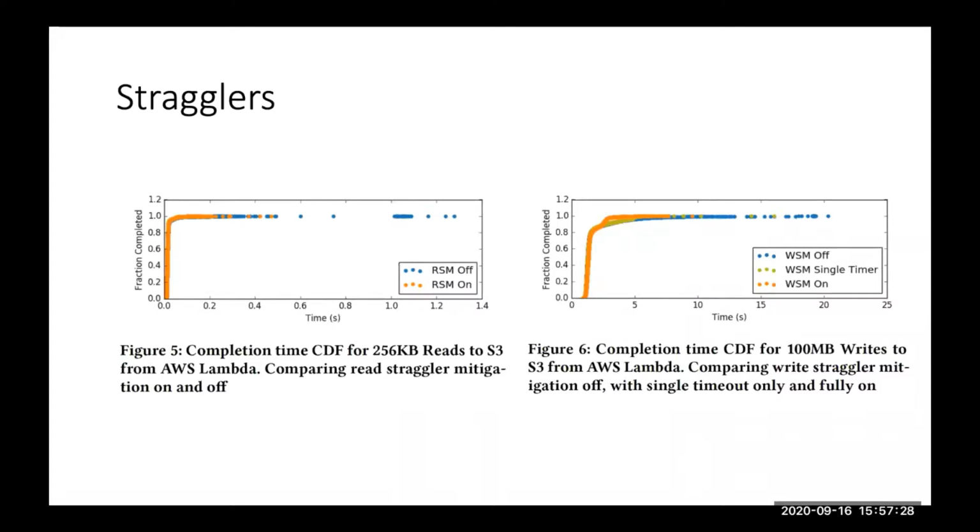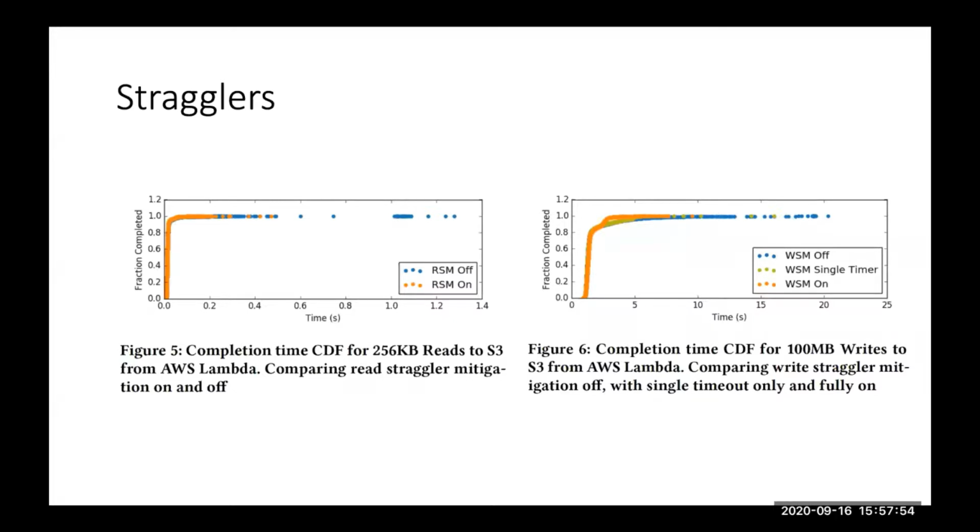And what they do with RSM is issue 2 reads. So they first issue the first read to the key. If the read is taking far too long, or if the key is not available because of read after write issues with S3, they issue a second read with the second key after a given time.